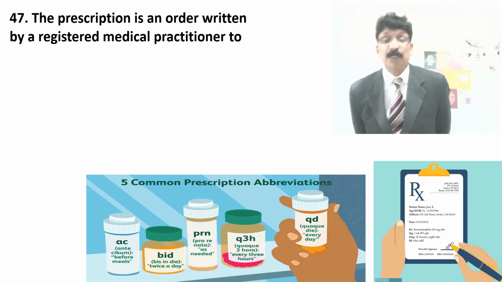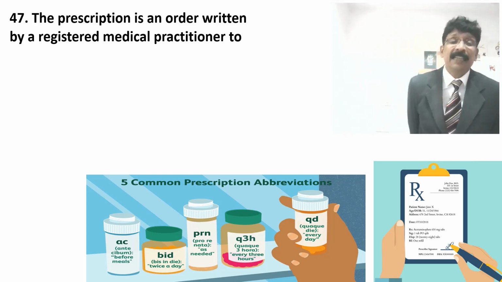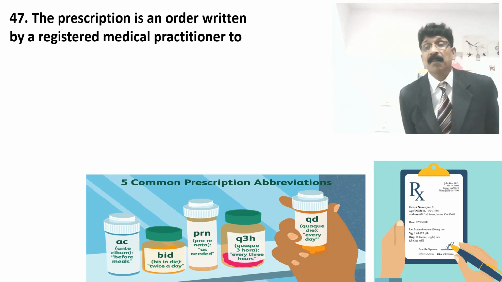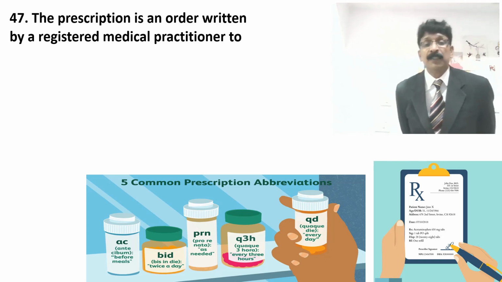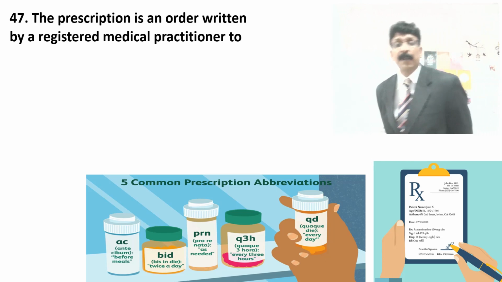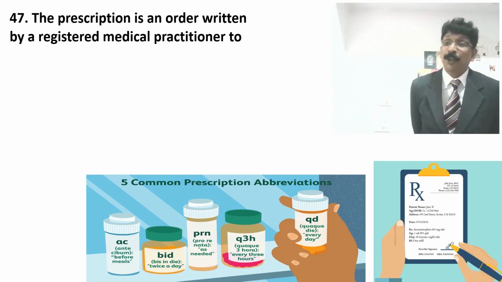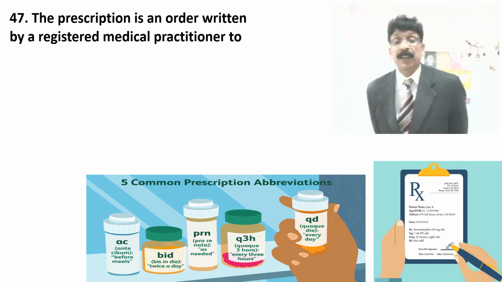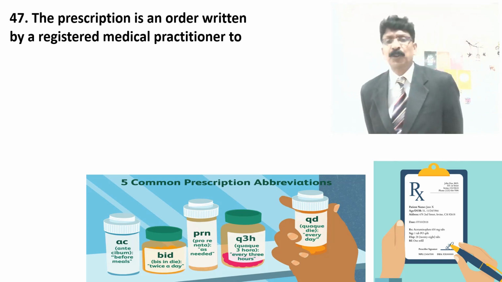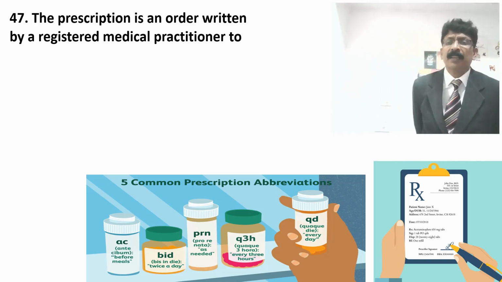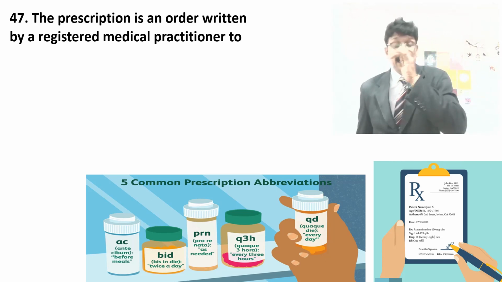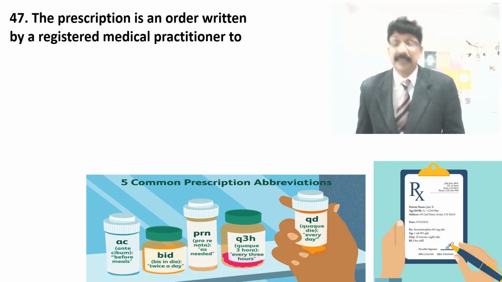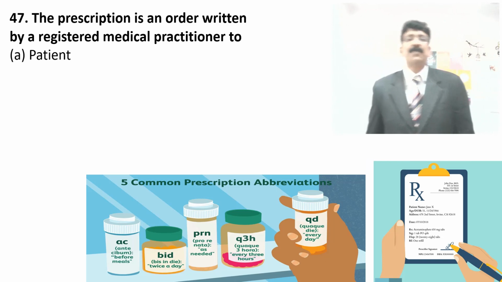You should remember: AC means ante cibum, before meals; BID means bis in die, twice a day; PRN is pro re nata, that means as needed; Q3H means quaque 3 hora, after every 3 hours; QD, quaque die, so every day. So like that you should know these are Latin terms, the abbreviations which you used to study.